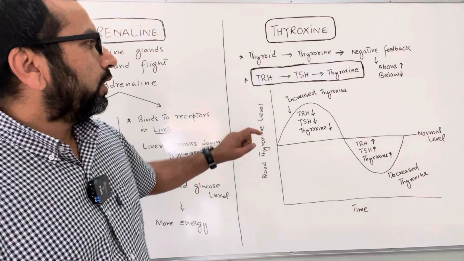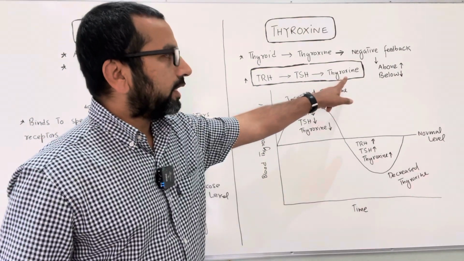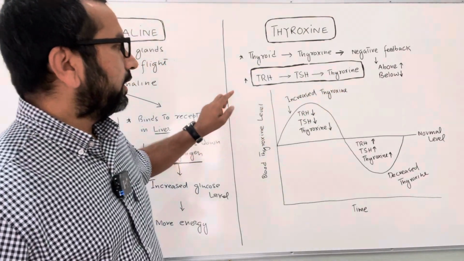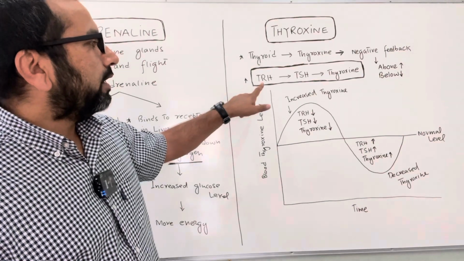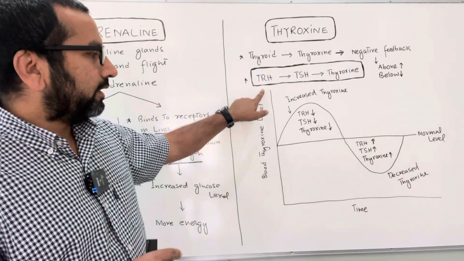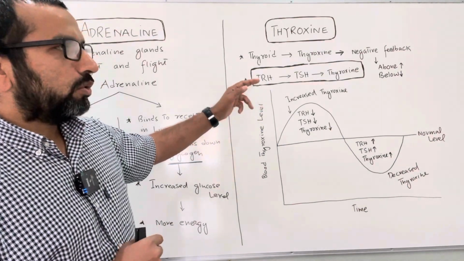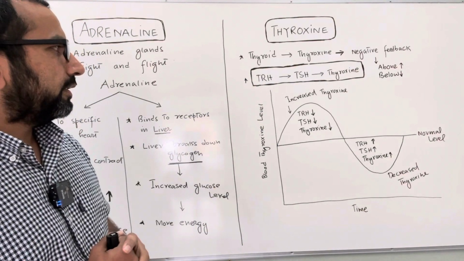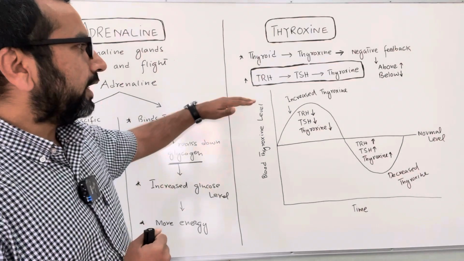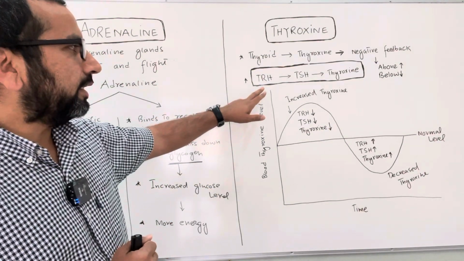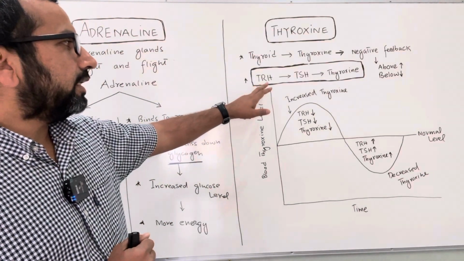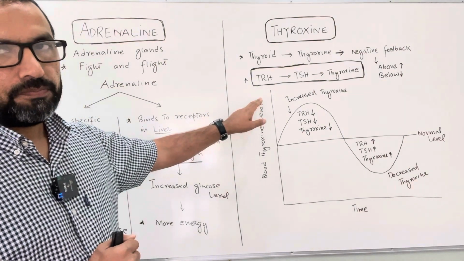Because the thyroxine level is high, our brain will detect that the thyroxine level is high in blood, so it will order the hypothalamus to inhibit, to stop the release of TRH hormone.